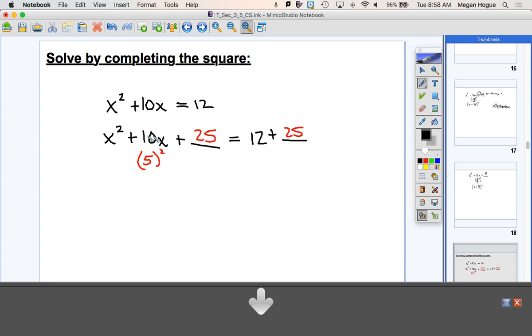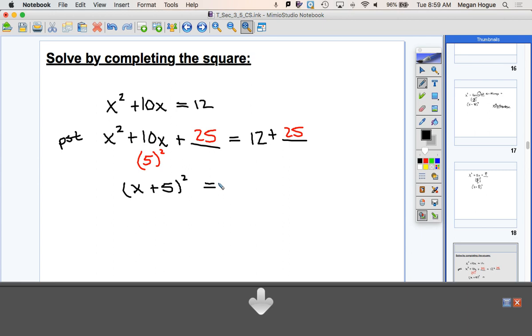This is now a perfect square trinomial. So I'm just going to remind myself of this. This is now where it looks like just the problems we were doing yesterday. So that problem factors into x, we'll use that number right there, x plus 5 squared.